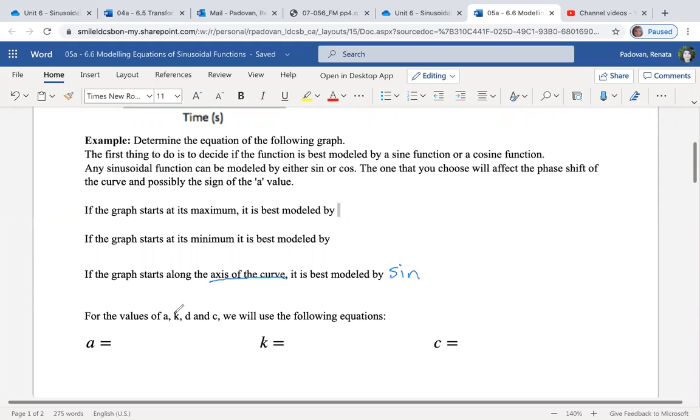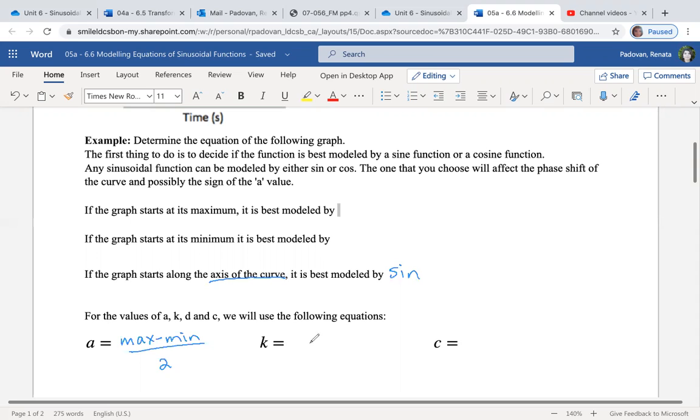For the values of a, k, d, and c, we will use the following equations. This is for any graph. How am I going to figure out my a, which is my amplitude? The same formula I had back in 6.2, or even 6.1, I believe: max minus min divided by 2. Now my k value.